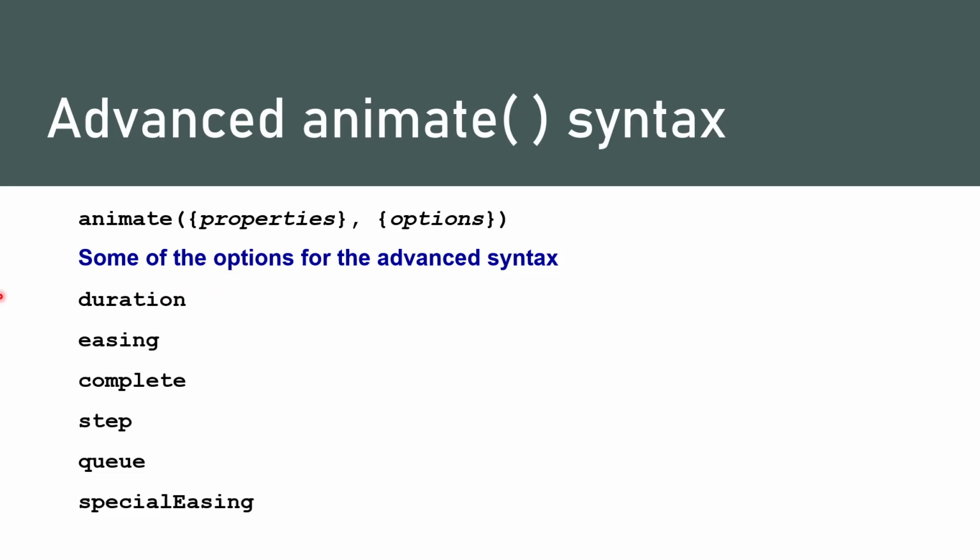Some of these options include the duration, the easing, a callback function to run when the animation is complete, a function to call for each step that the animation is broken into, and there are some other options as well that you can choose from.